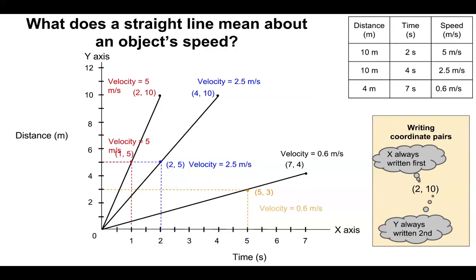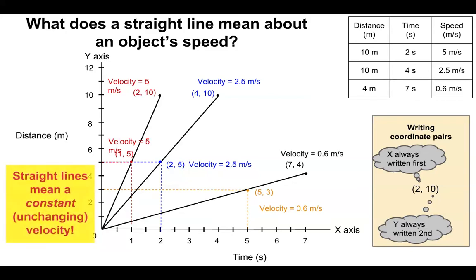Write the coordinate pairs, calculate the velocity, 0.6 meters per second. Straight lines again mean a constant, unchanging velocity. 0.6 meters, 0.6 meters, same. These are the same, these are the same. Notice I'm comparing points on the same line. I am not comparing points yet between lines, only on the same line to prove to you that a straight line means a constant velocity.